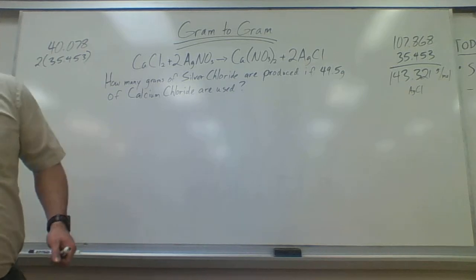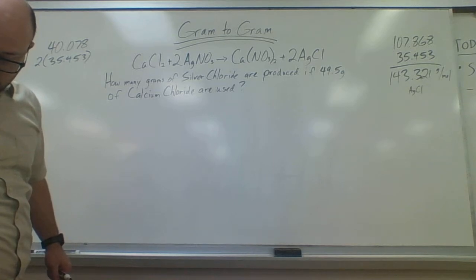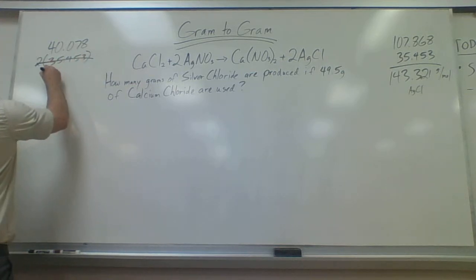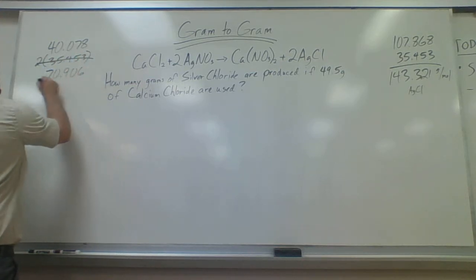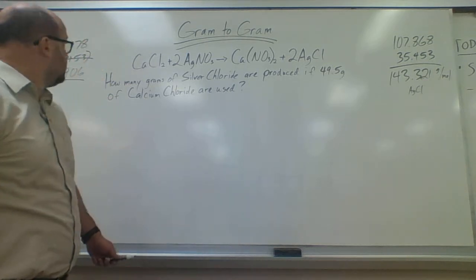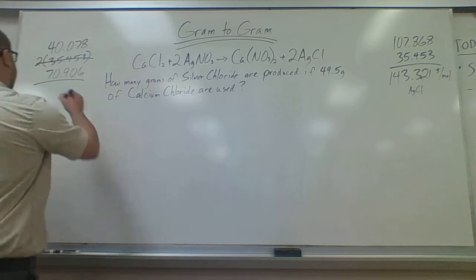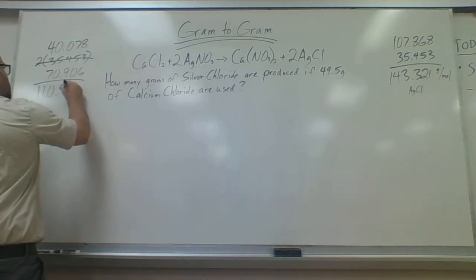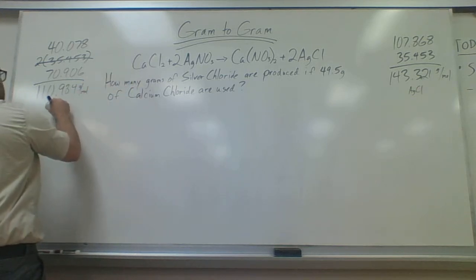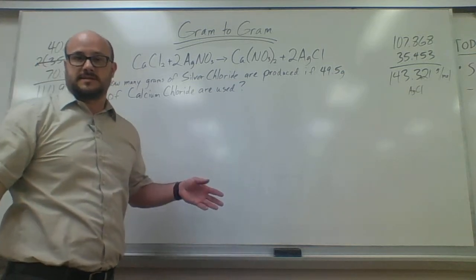And now when we do that math, 2 times 35.453 is 70.906. And now we're going to add that to our calcium mass. Plus 40.078. 110.984 grams per mole. And this one is calcium chloride, CaCl2. Okay, we have our 2 molar masses.